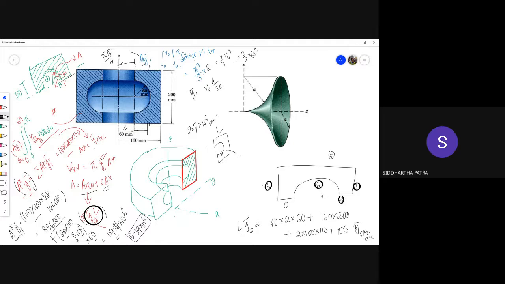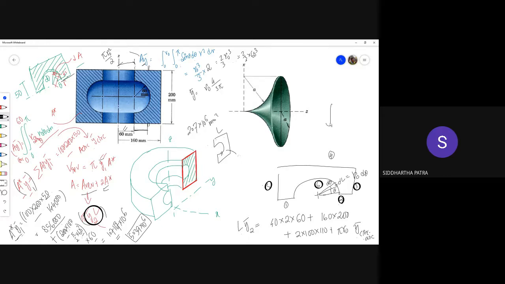So to do that, please note that if this is the differential length dl, and if this is the angle theta and this is the angle d theta, so dl is simply r0 d theta, and we are trying to get y bar.